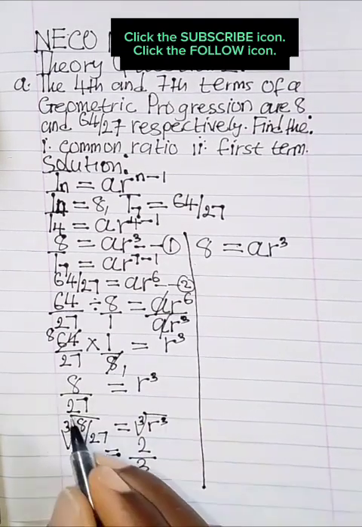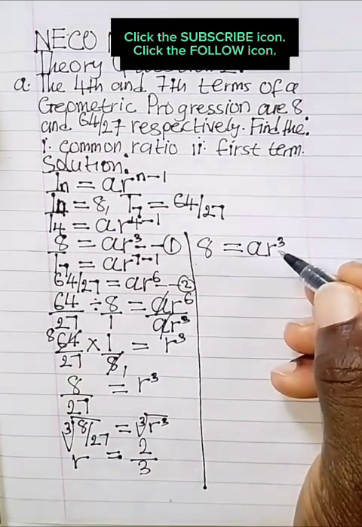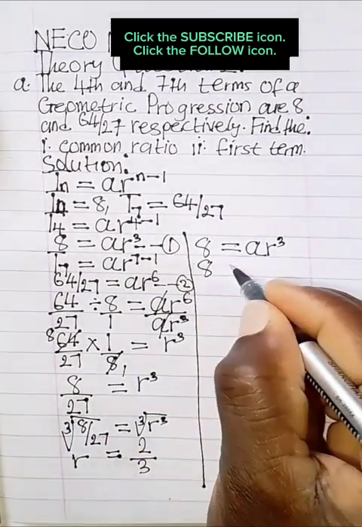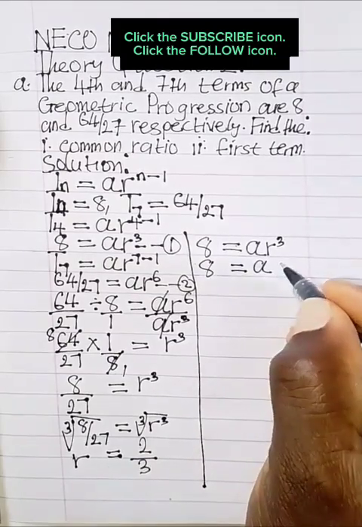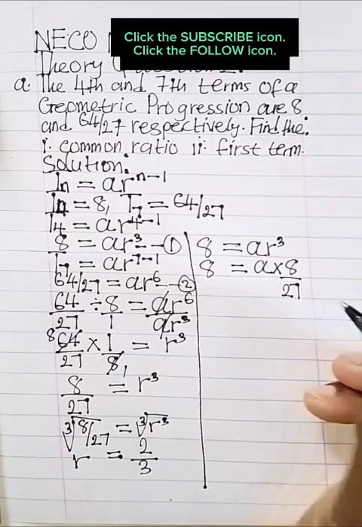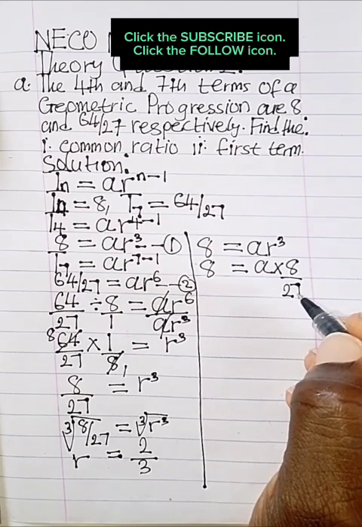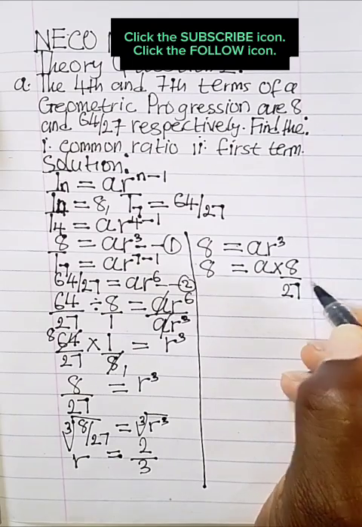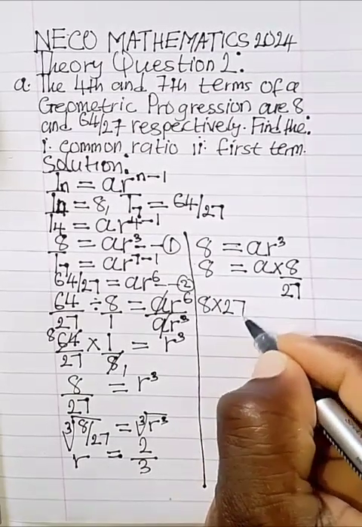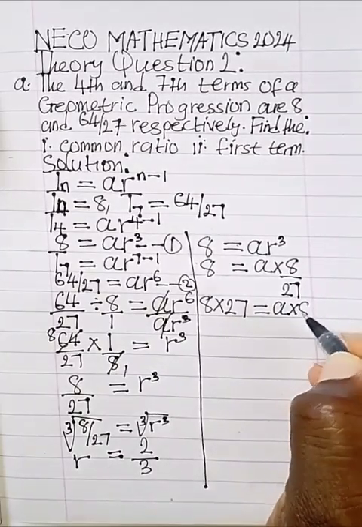Since r cube is already this, I will come here and replace r cube with this value. That is 8 equal to a times 8 over 27. To clear the fraction, multiply through by 27. This denominator, we have 8 times 27 equal to a times 8.